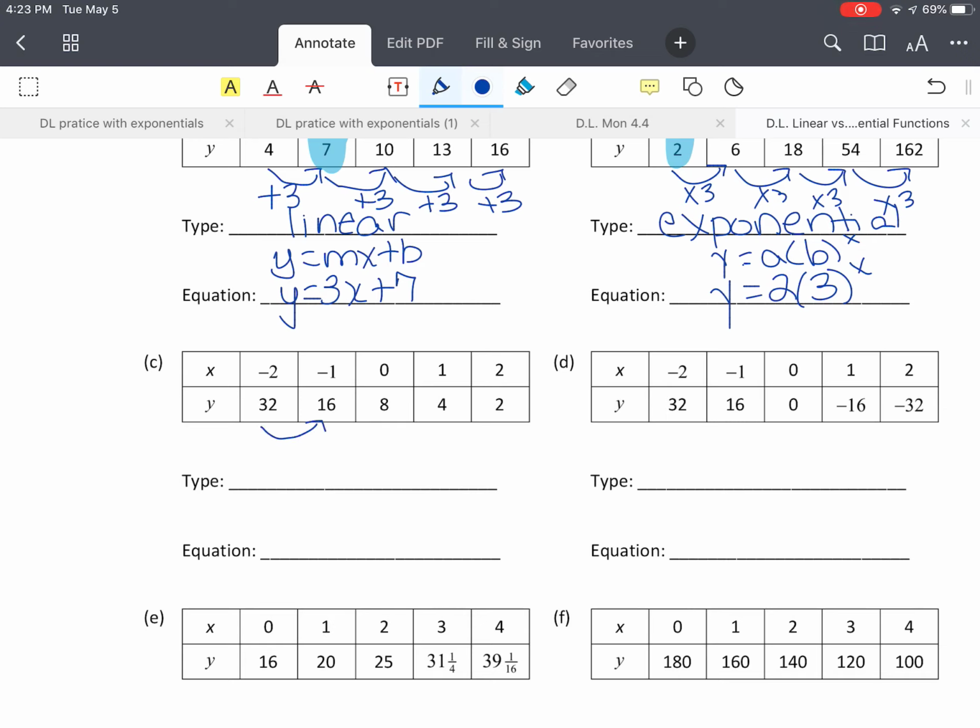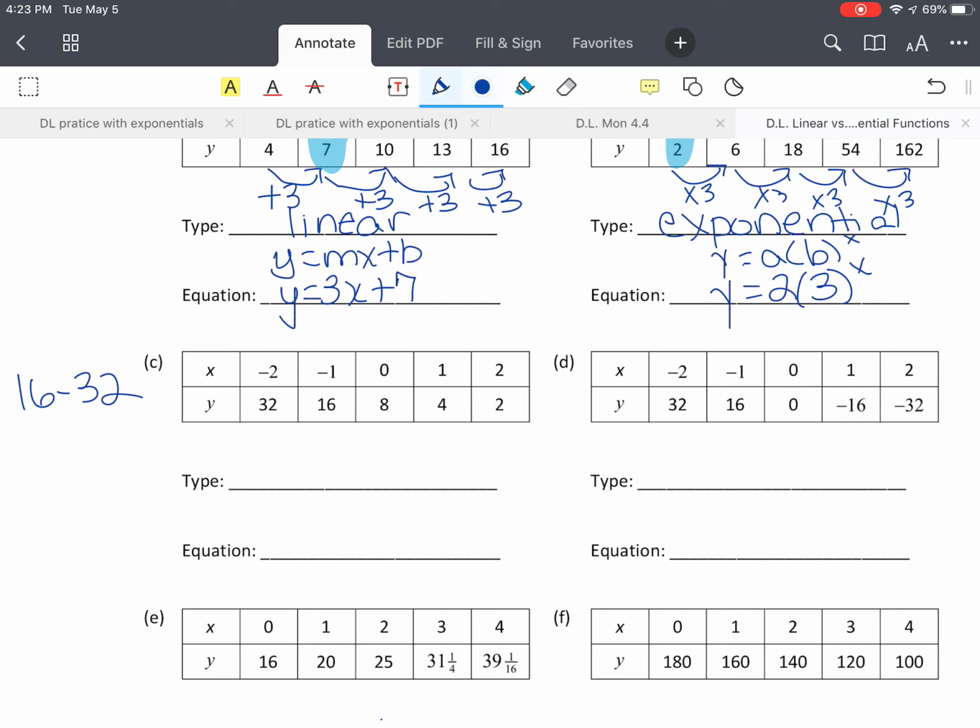If we were adding, and you weren't sure 32 plus what is 16, then we could work backwards and do 16 minus 32. 16 minus 32 is -16, so I am subtracting 16. But is 16 minus 16 8? No. So it's not linear. I'm not adding the same amount every time.